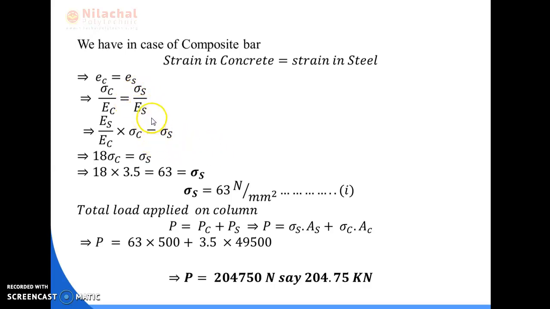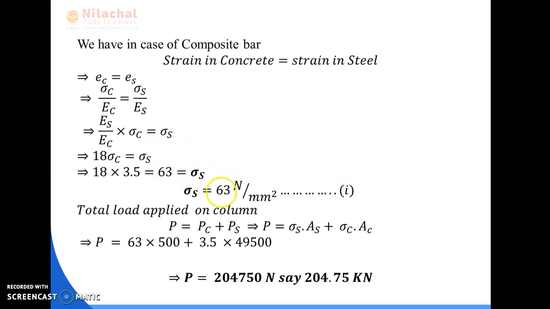Now sigma S can go to the left side as denominator. So ES by EC into sigma C is equal to sigma S. So sigma S is obtained as 18 sigma C. Now putting the value of sigma C as 3.5, we get sigma S is equal to 63 Newton per mm square.